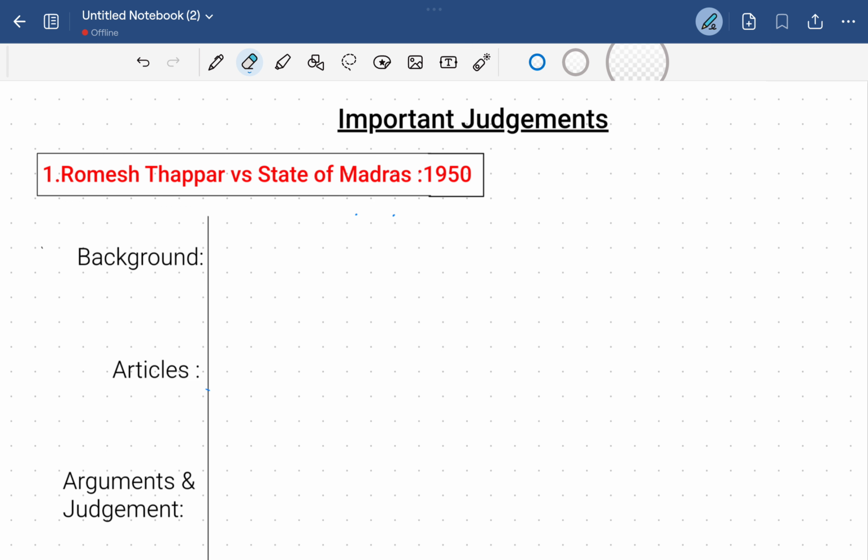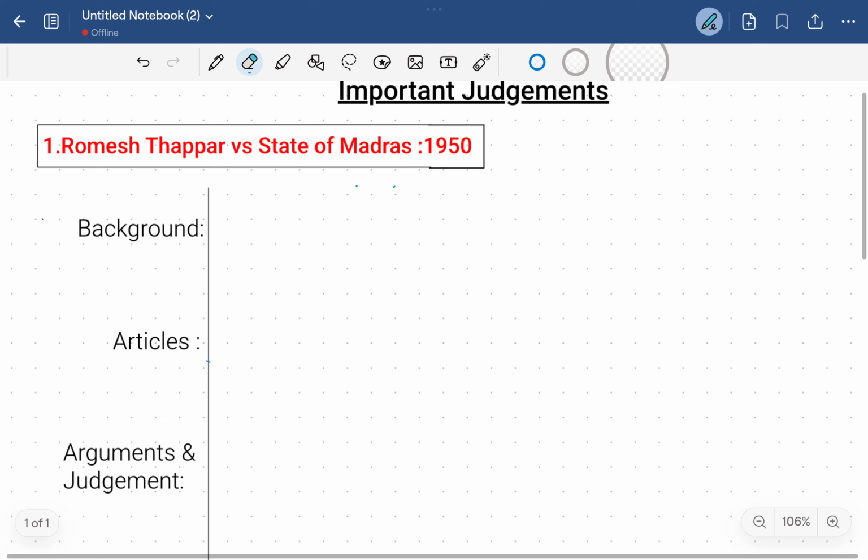This is the first one, that is Romesh Thappar versus the State of Madras in 1952. I have segregated this into three components: the background, articles, and the arguments and judgment in this case.